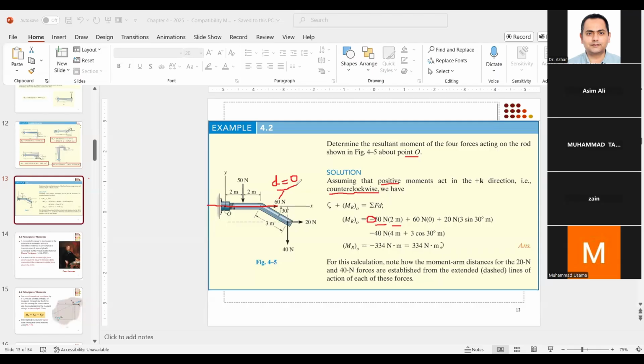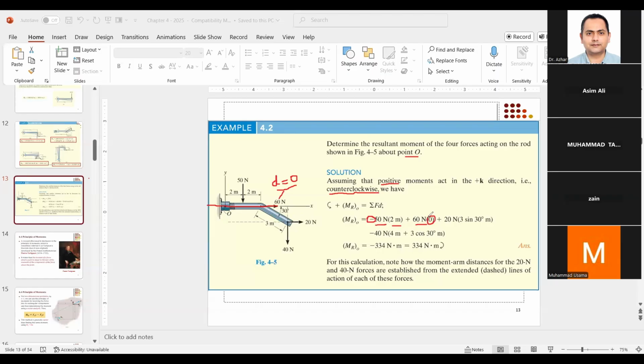This is important information because some forces you will see in problems will pass through the point, and you don't have to take any moment for those forces. So you will simply multiply 60 with 0. There is no moment.